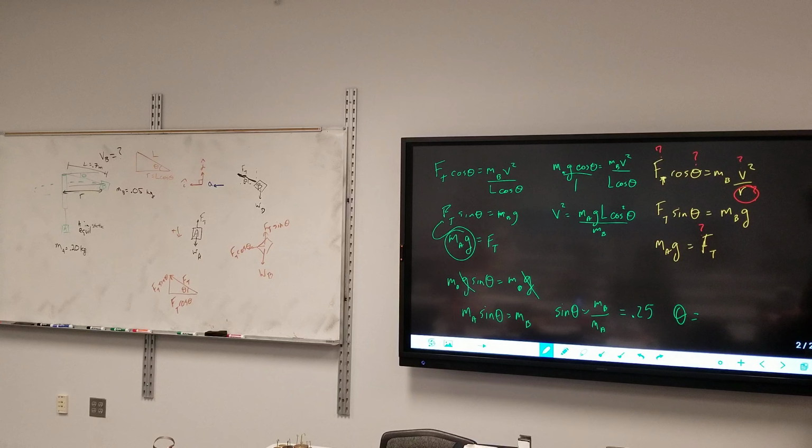So at that point where sine theta equals mb over ma, if it equals over 1, do we just switch them because we might have gotten them backwards, or should we go back? I would recommend going back to see if there's some other mistake. It might be as simple as flipping them.